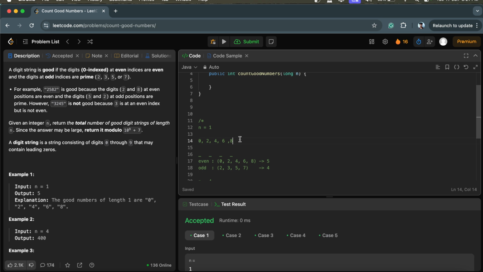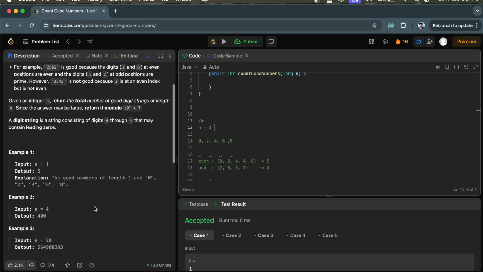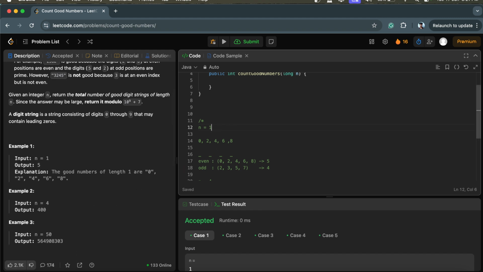So we can form 5 strings. It is mentioned that the good numbers of length 1 are 0, 2, 4, 6, 8. So what if the length n equals 2?